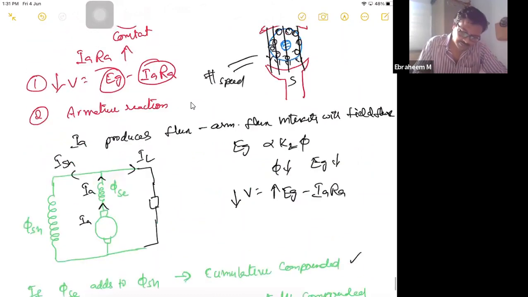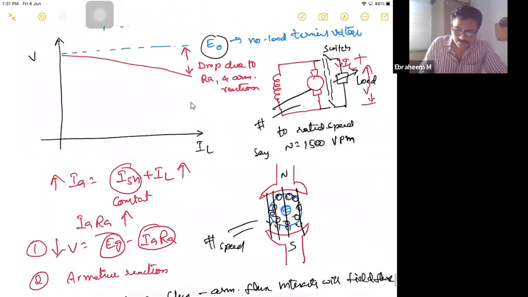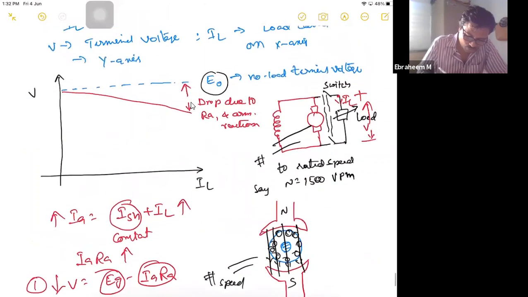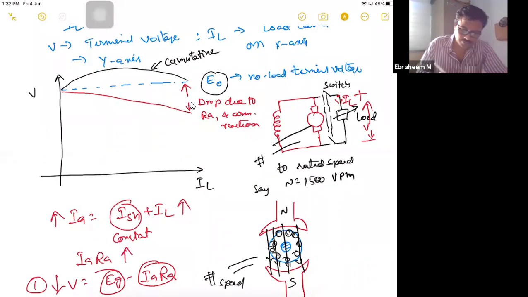Okay, that's why in cumulative compound you will have the curve like this. Okay, it is cumulative.